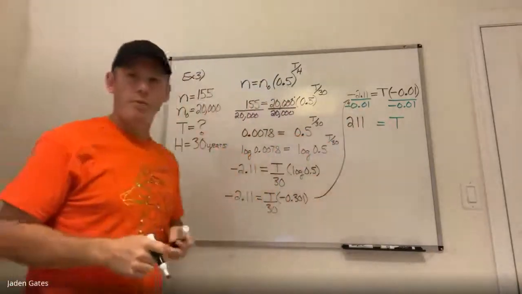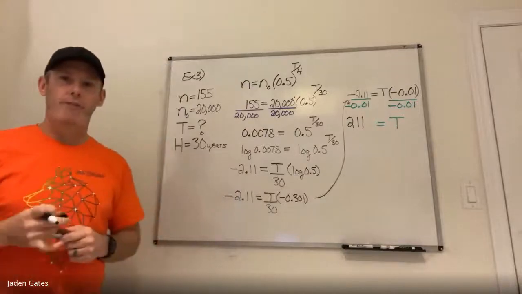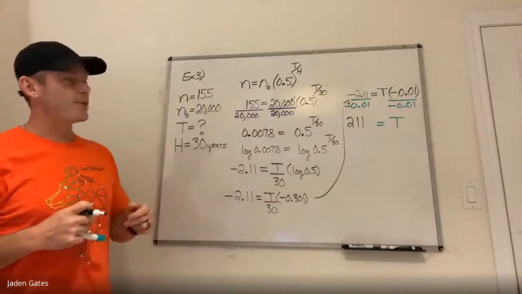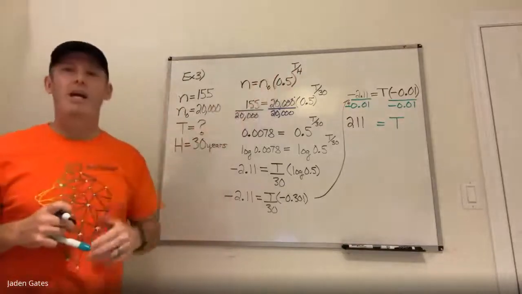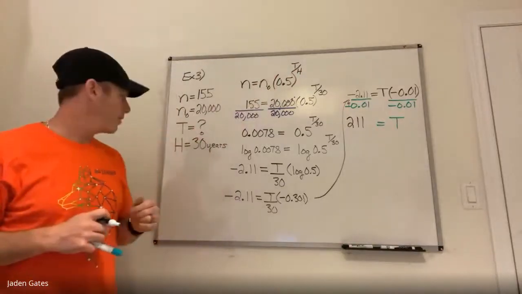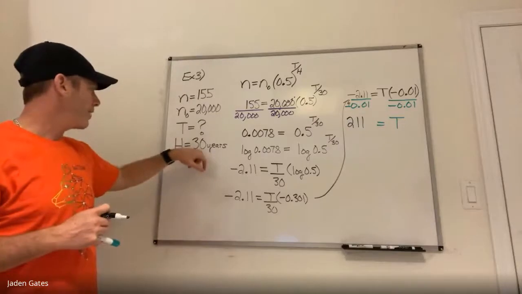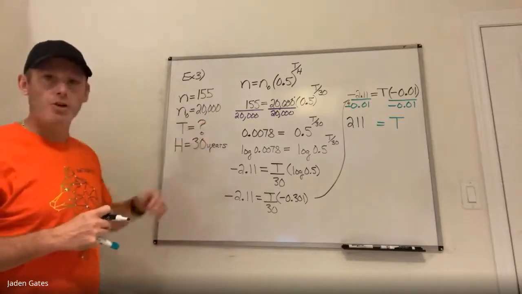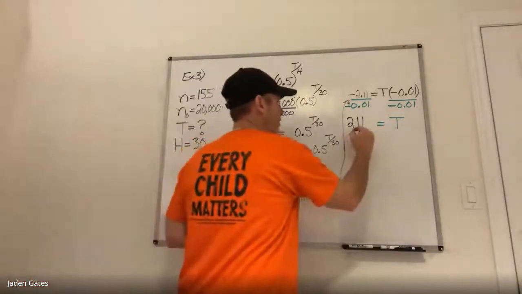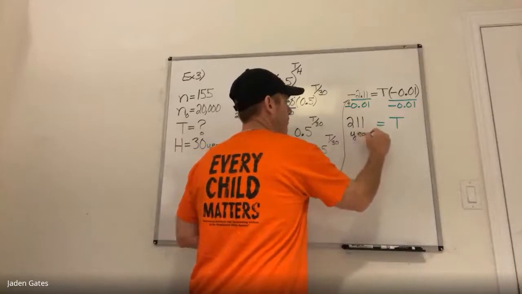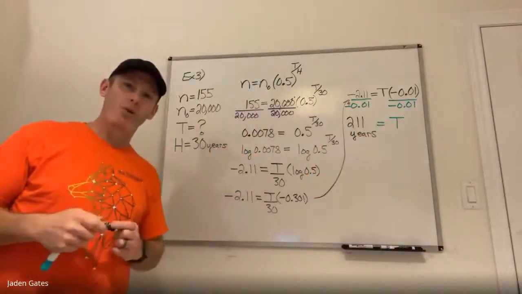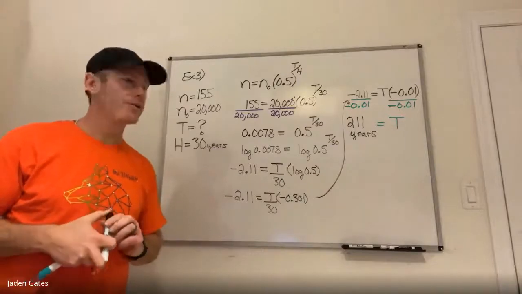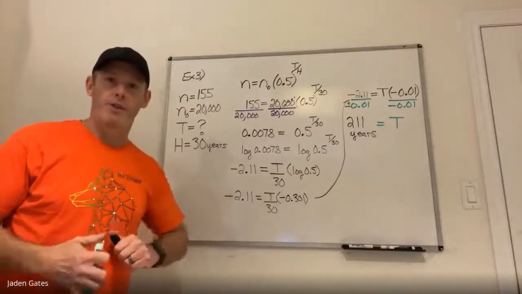Now, I mentioned this the other day, when you're dealing with the half-life and doubling times formula, t and h have to be in the same units because they're dividing each other. Our half-life is in years, that means our t is in years. And so in this city, it's going to take 211 years before people can return to that city safely.